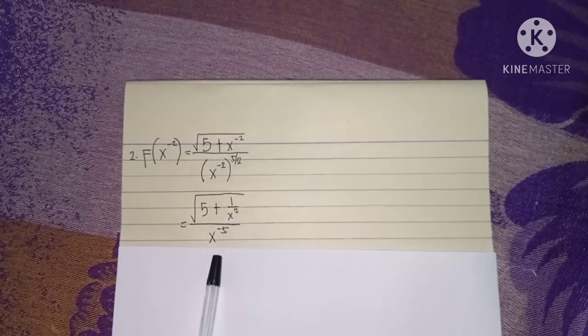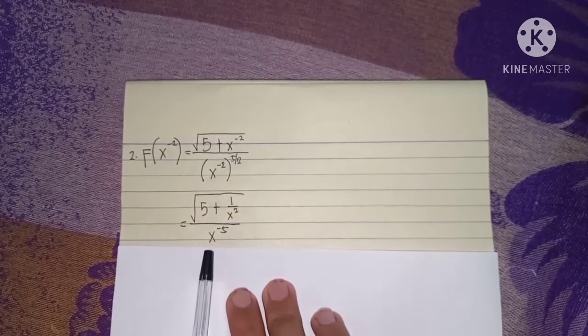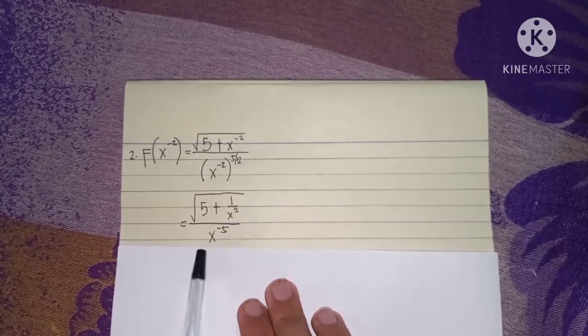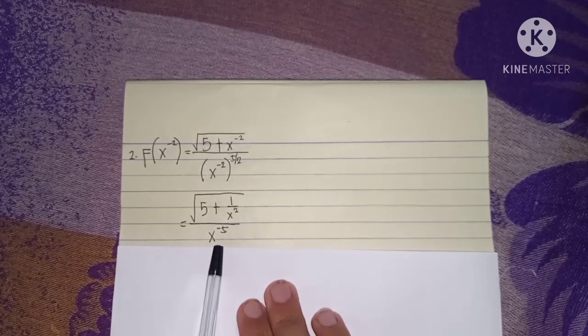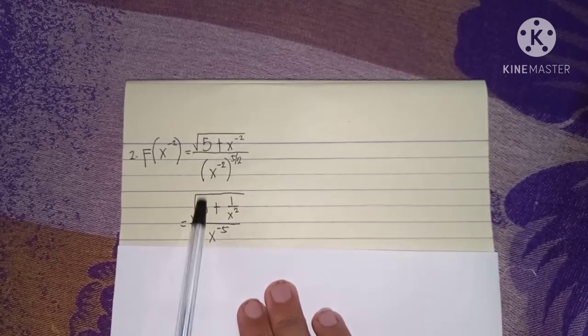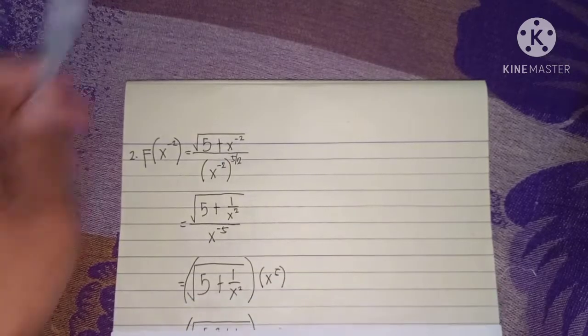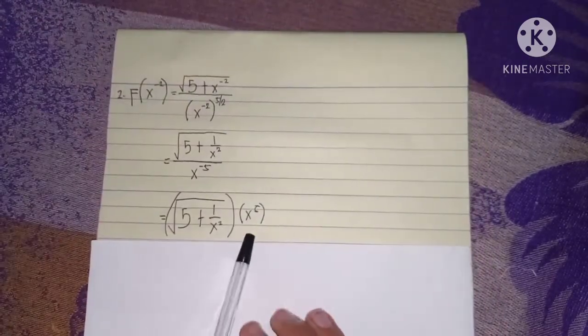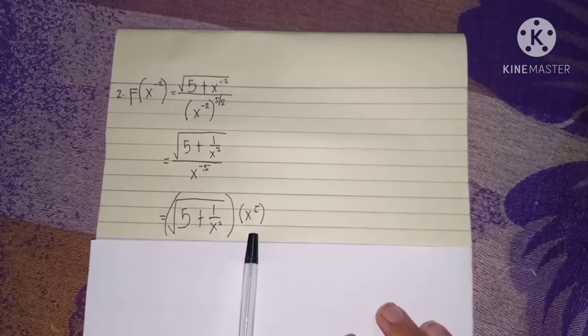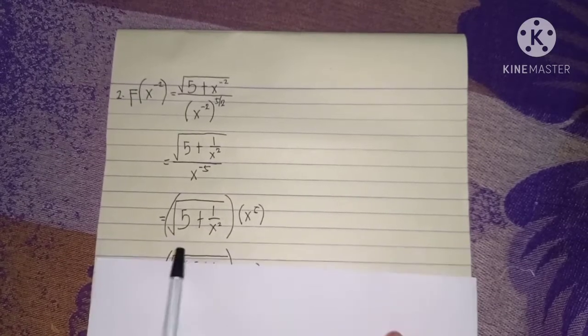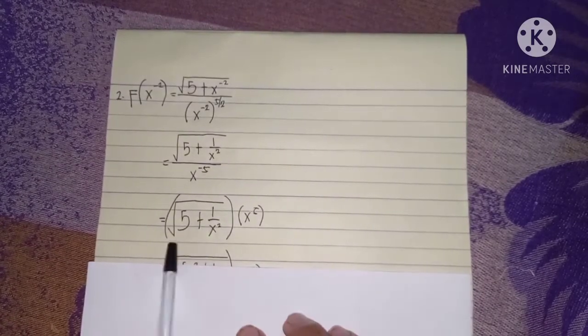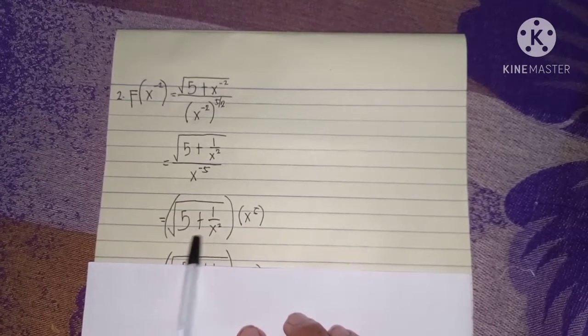and then we will also reciprocate our denominator, which is x raised to the power of negative 5, because 2 times negative 2 times 5 halves is negative 5. So this is now its reciprocated form, and in this term we're trying to find the denominator inside the radical.